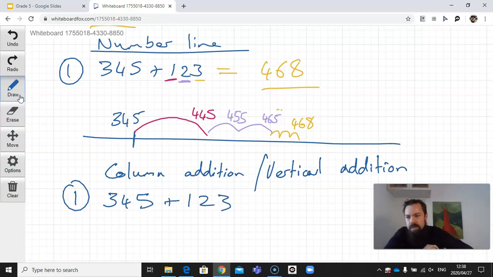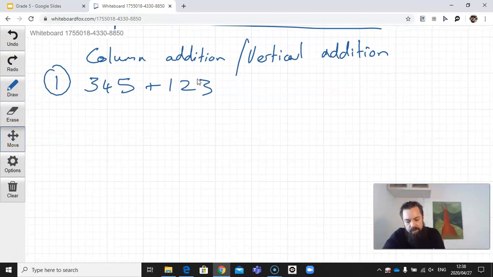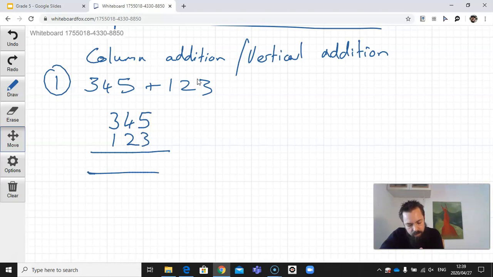And this time I'm going to set it out just a little bit differently. So I'm going to take the numbers that we got in our question, and I'm going to write them nice and neatly. 345, 123. So a couple of key points here.